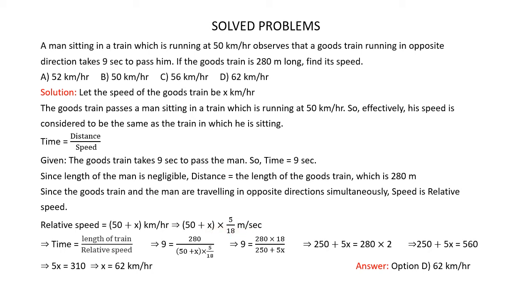Substituting all this in this formula, we get 9 is equal to 280 divided by 50 plus x multiplied by 5 by 18. On solving this, we get x is equal to 62 kilometers per hour. So the speed of the goods train is 62 kilometers per hour. The correct answer is option D, 62 kilometers per hour.